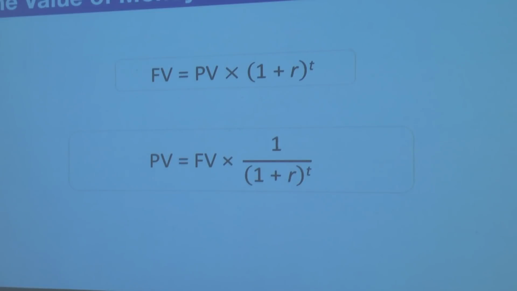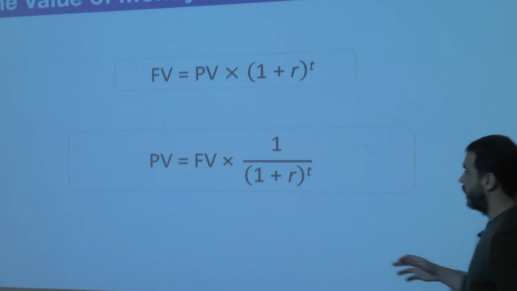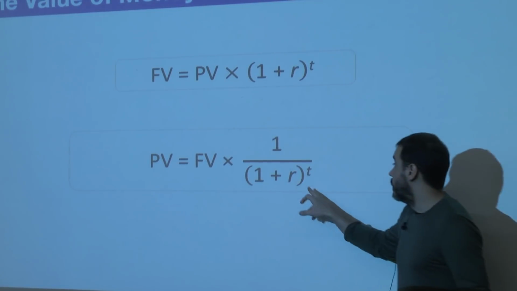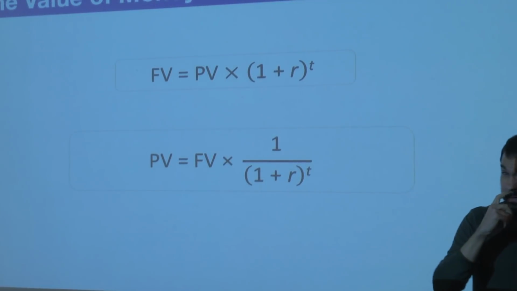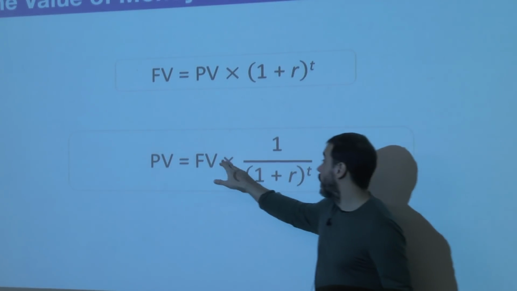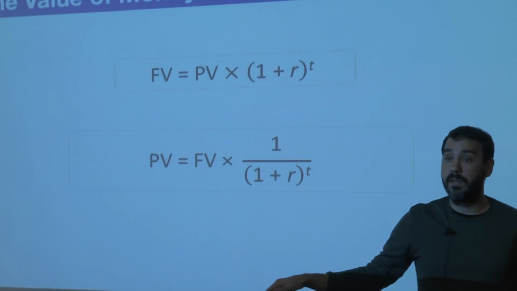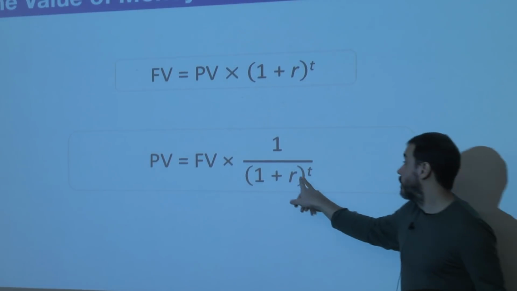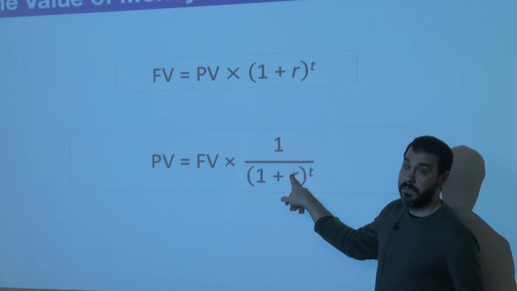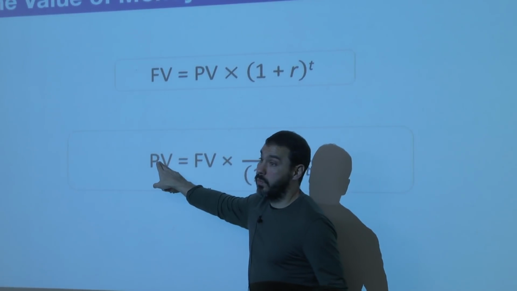I don't know if it helps you, but it definitely helps some people: just look at the formula. You see the interest rate is at the denominator, cutting down and reducing the future value. So the higher this value, the lower the present value will be.